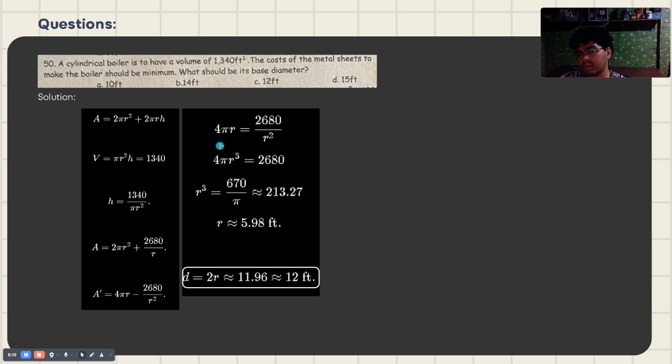So 4 pi r is equal to 2,680 over r squared. Transpose the r squared. So 4 pi r cubed is equal to 2,680. Transpose again. So r cubed is equal to 670 over pi, which is equivalent to 213.27.